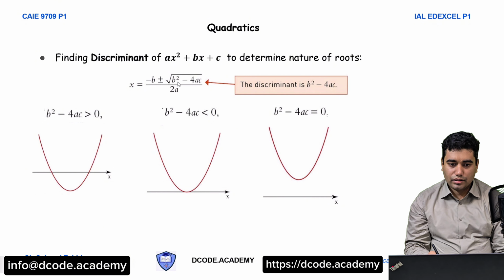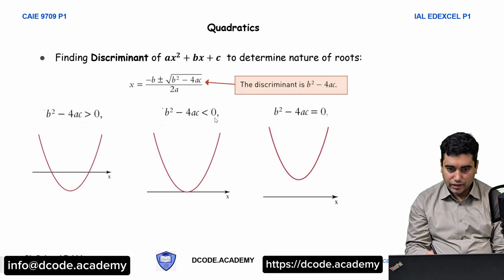Basically it's the term under the square root, b square minus 4ac. You must have seen this formula when you use the quadratic formula to solve a quadratic equation. So b square minus 4ac determines the number of roots. If it's greater than 0, 2 distinct roots; equal to 0, 1 root; less than 0, no root.